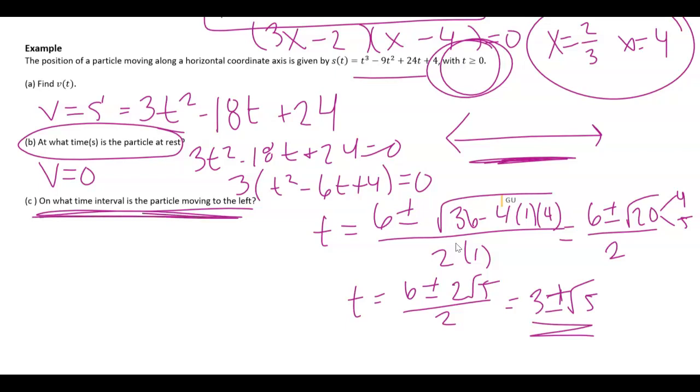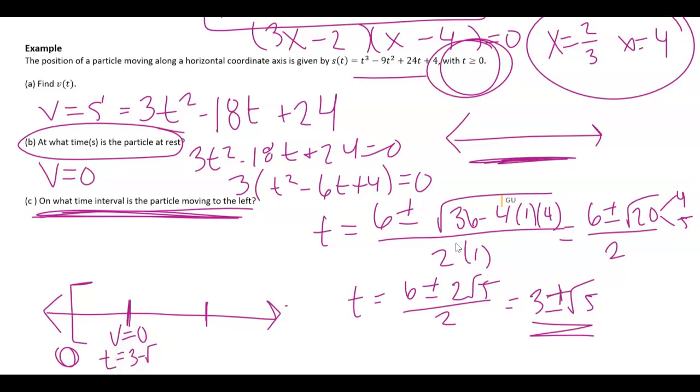And my question is, when is the particle moving to the left? So I know, like, I'm starting at 0, and then one of my times my velocity is 0 is at t equals 3 minus the square root of 5.